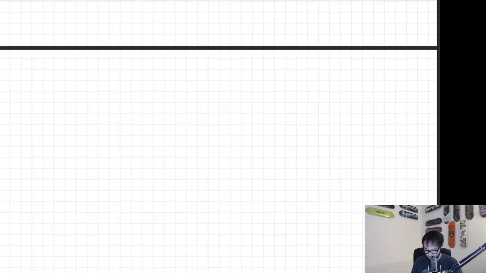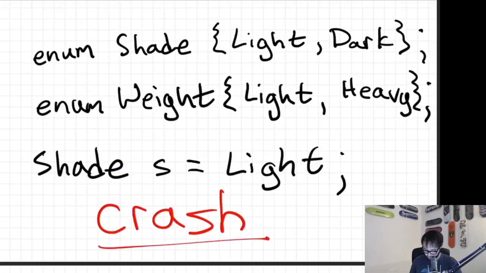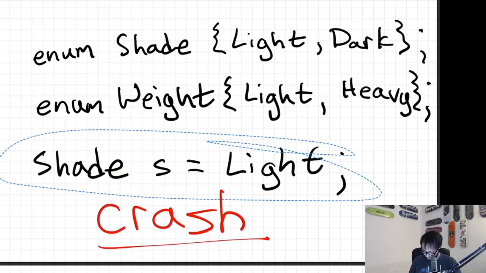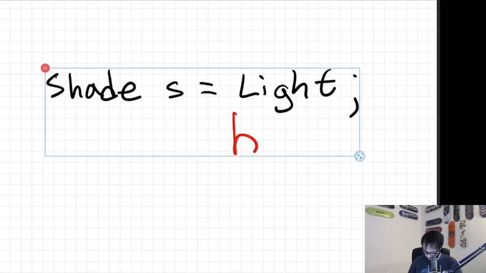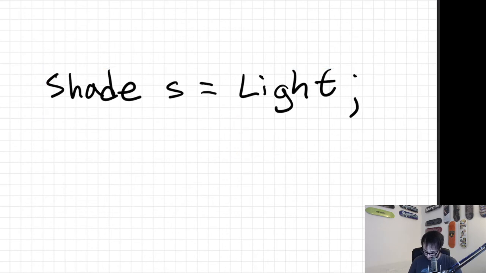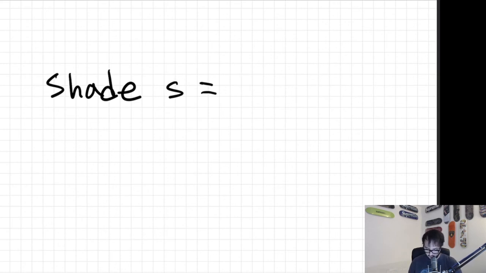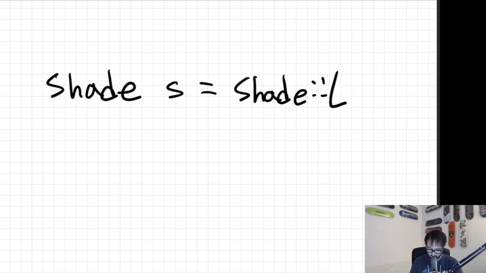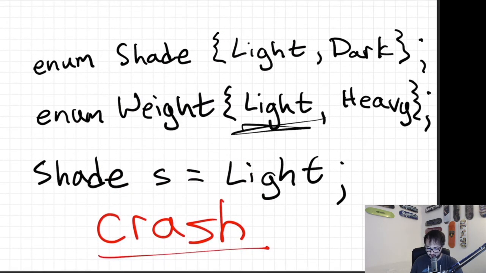And you would say something like shade, scope resolution operator, light. And that would tell your compiler, I want shade's light, not weight's light.